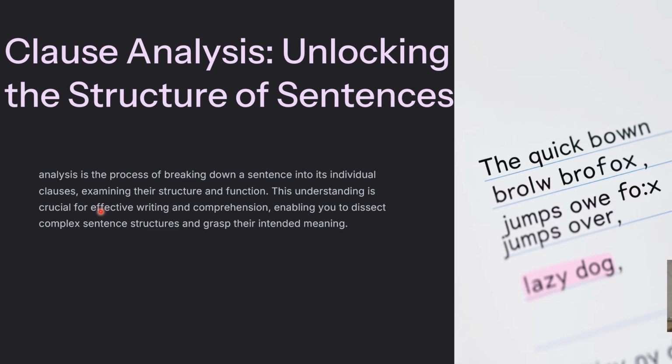And the last thing is that it improves our understanding of complex sentences. These are all the reasons why clause analysis is important. I hope you all are clear with this particular subtopic. So let's move on to the next subtopic.